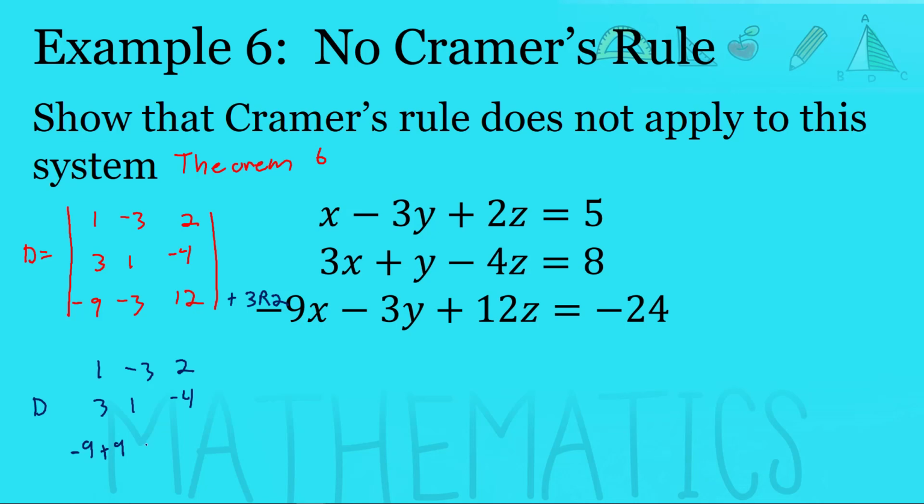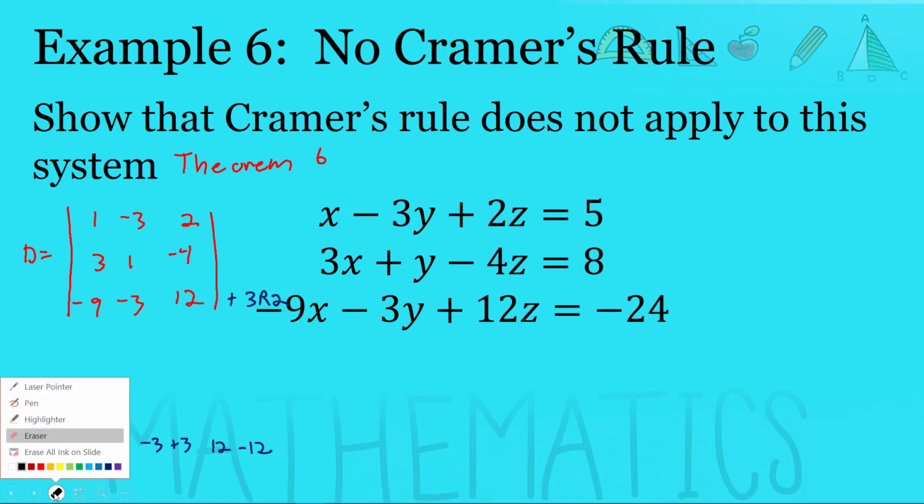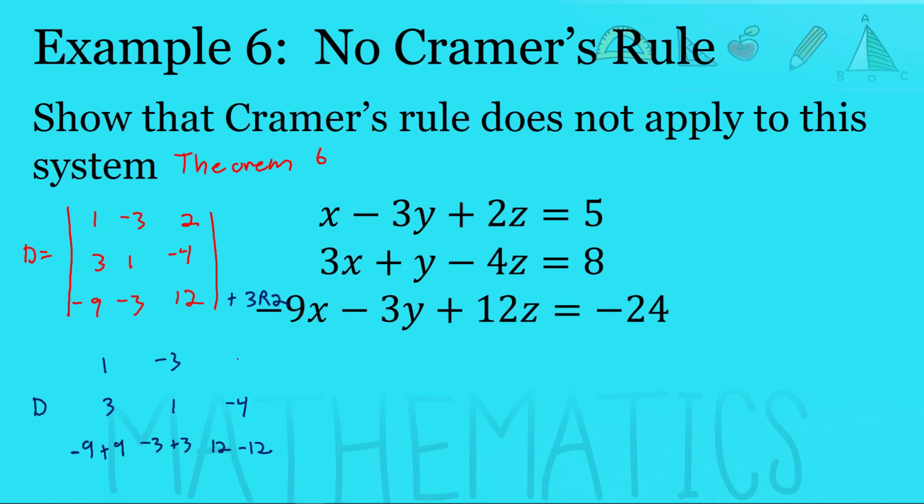Then -3 plus 3 times 1. And then 12 plus 3 times -4, which will be -12. Okay, so there's our new determinant.